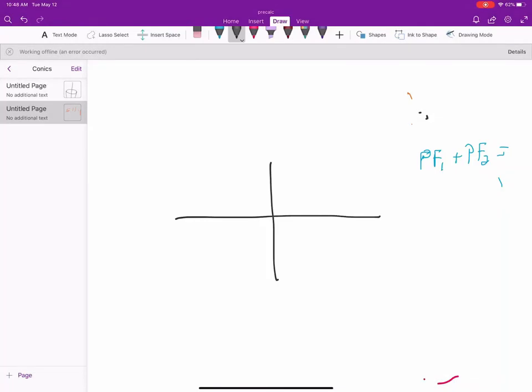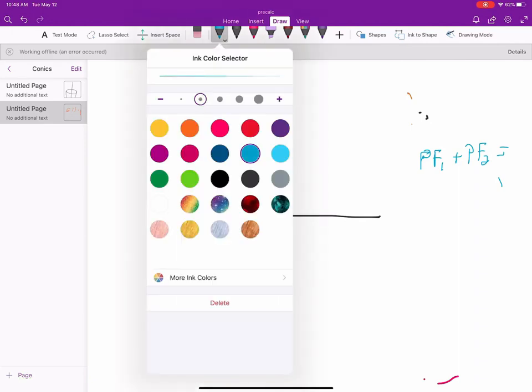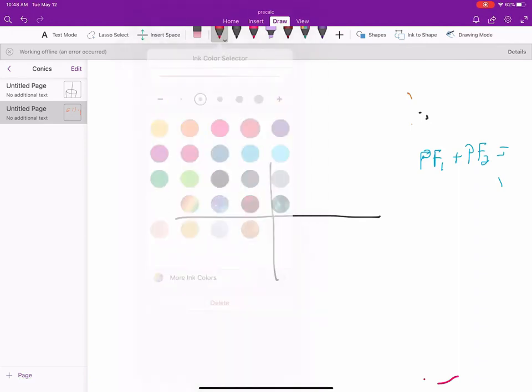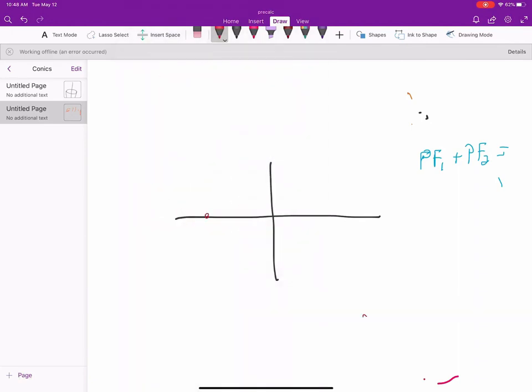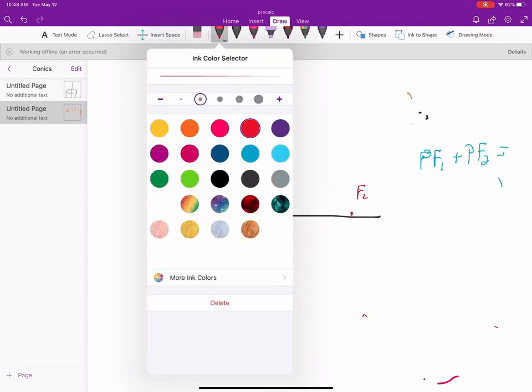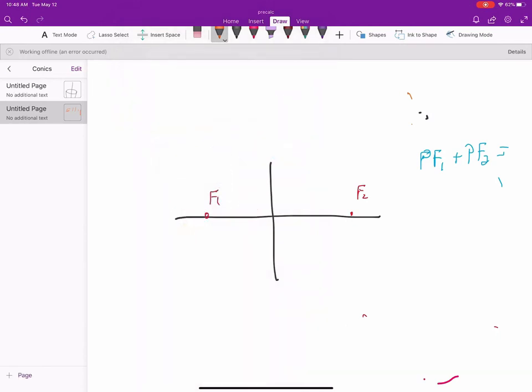Let me put those focus points back on there so they look a little better because I didn't like the way they were. I want to put them in red. So I want to put a focus point here and a focus point here. There we go. I like that better. Now I want to switch back to the orange. I had that string that went around. Maybe I had it in this red color, come to think of it.